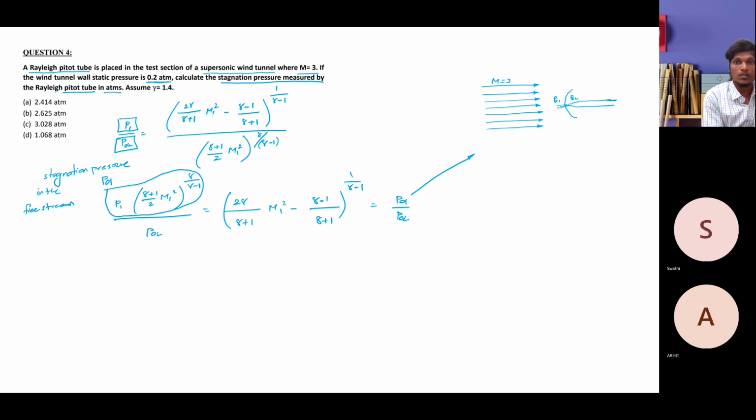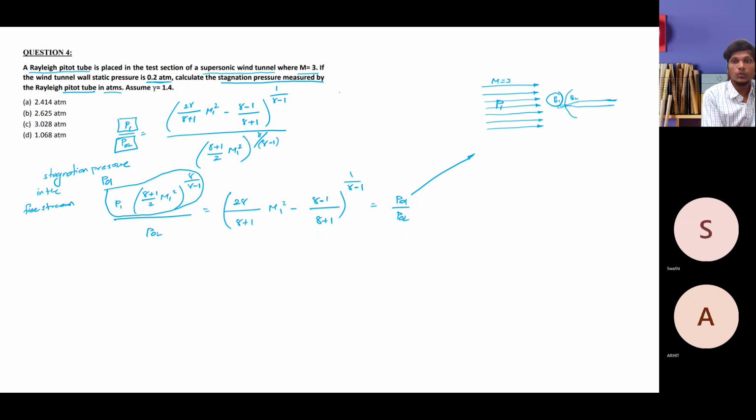It is not asking us to calculate the P01. If you want to calculate the P01, you have the wall static pressure, which is the static pressure of the free stream flow, that is P1, and you have the Mach number here. So these two are sufficient to calculate the P01.